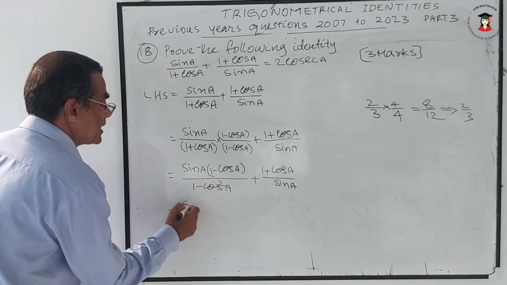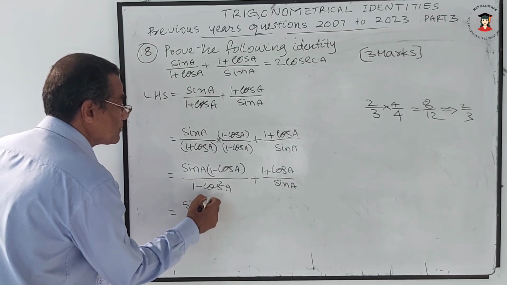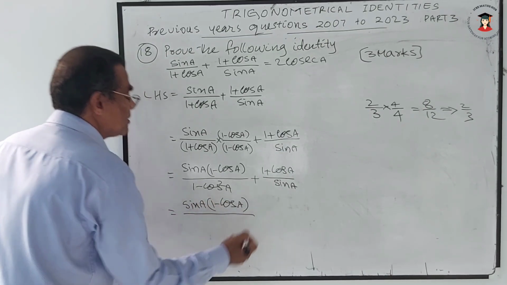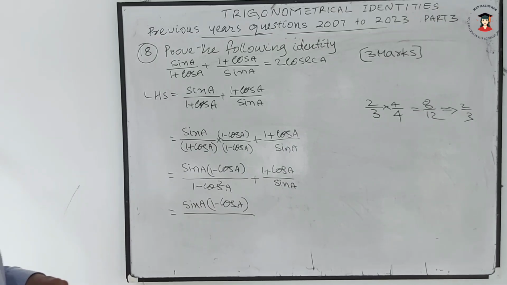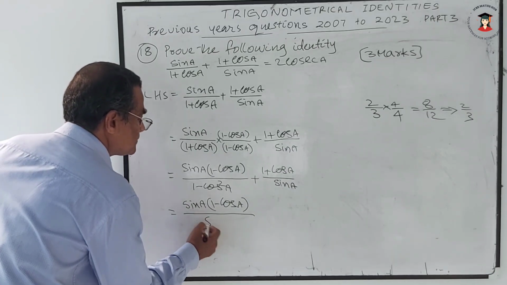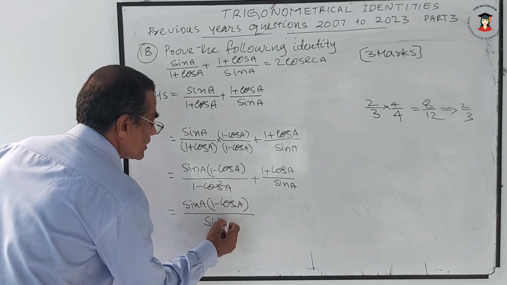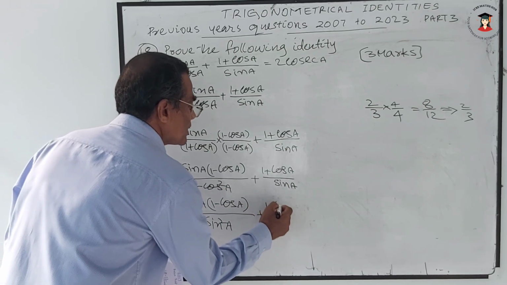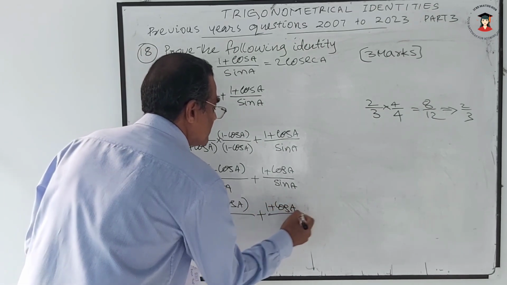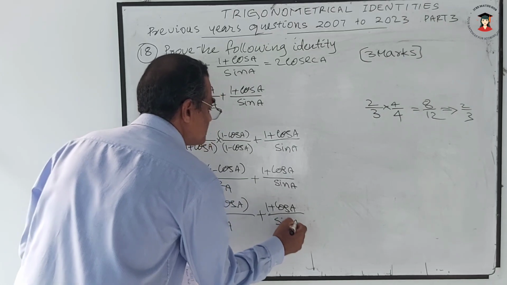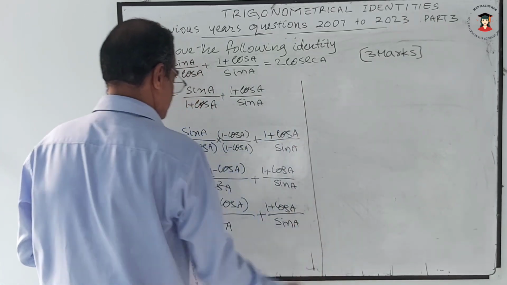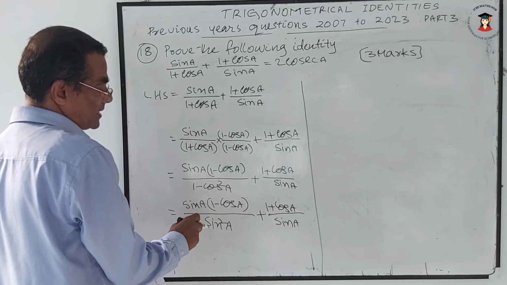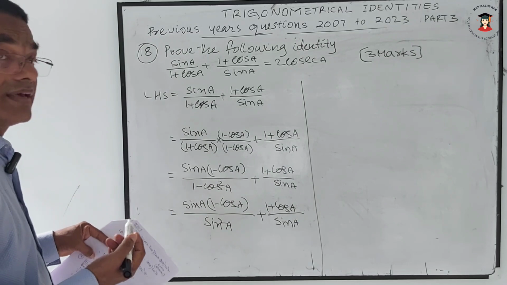This is equal to sin A into 1 minus cos A whole by 1 minus cos square A, which is sin square A, plus 1 plus cos A divided by sin A. Here, sin A from the numerator and sin A from the denominator will get cancelled.